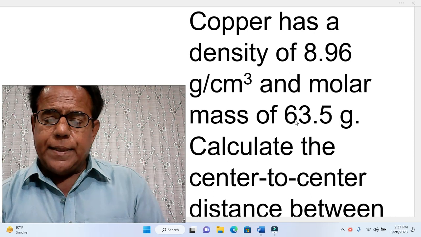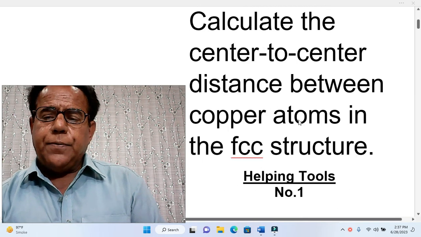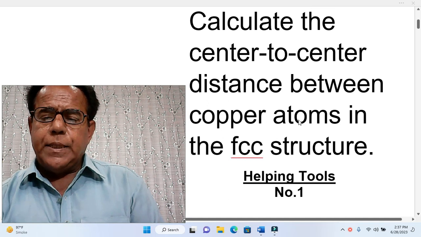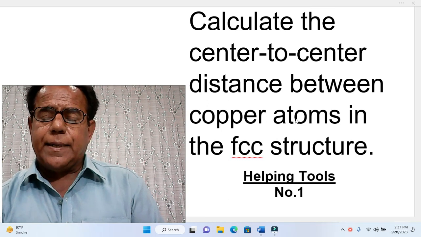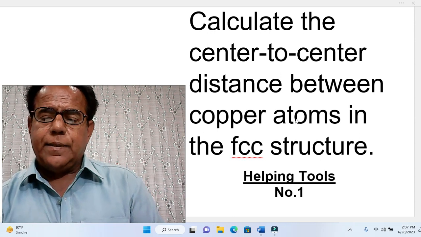Calculate the center to center distance between copper atoms in the face centered crystal structure.